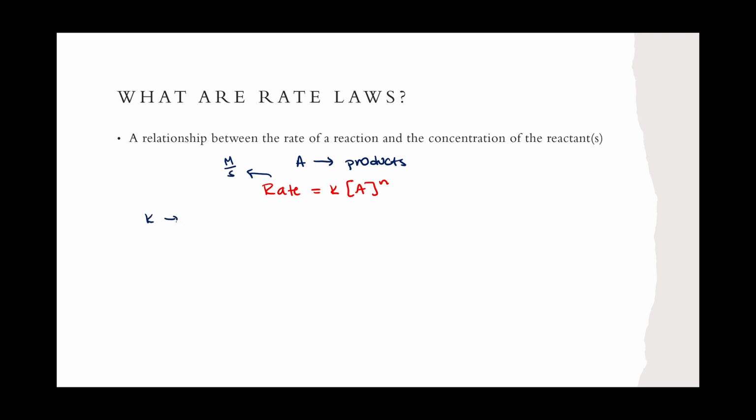K we refer to as our proportionality constant, or more commonly the rate constant. And its role in this equation is to take into account time. We'll see why that's important in a few moments. A is just as it looks, it's going to be the concentration of our reactant A.